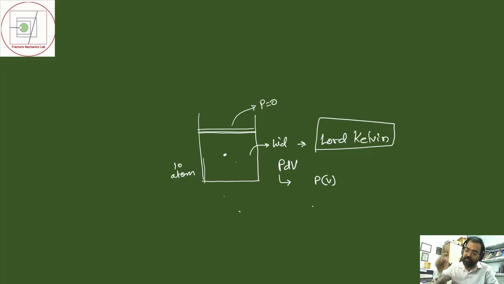Okay, and now the single atom is colliding on all the boundaries, and of course on this wall also. So as and when it hits the wall, it pushes the wall a little bit on the other side, because there is nothing stopping on the other side. The pressure is zero, so the lid keeps on moving up and up.